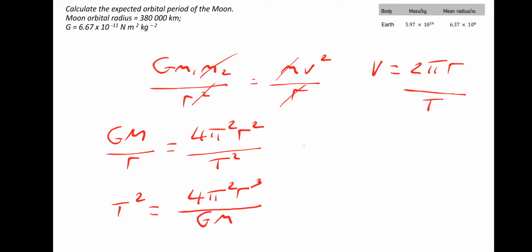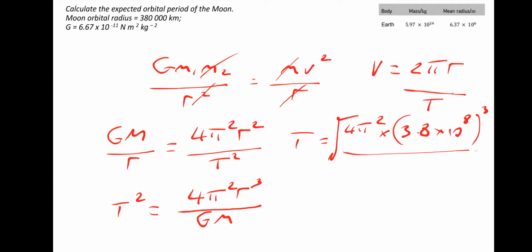So we just need to plug our numbers in. T would be equal to the square root of 4 pi squared times the radius cubed, so 3.8 times 10 to the 8, cubed, divided by GM.